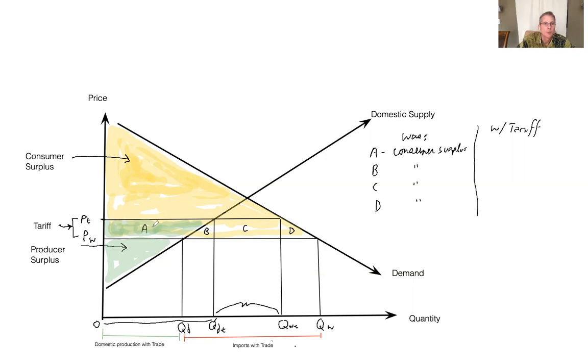So they're going to produce more, and they're going to be happy. All right, so that's A. So A is going to be domestic producer.